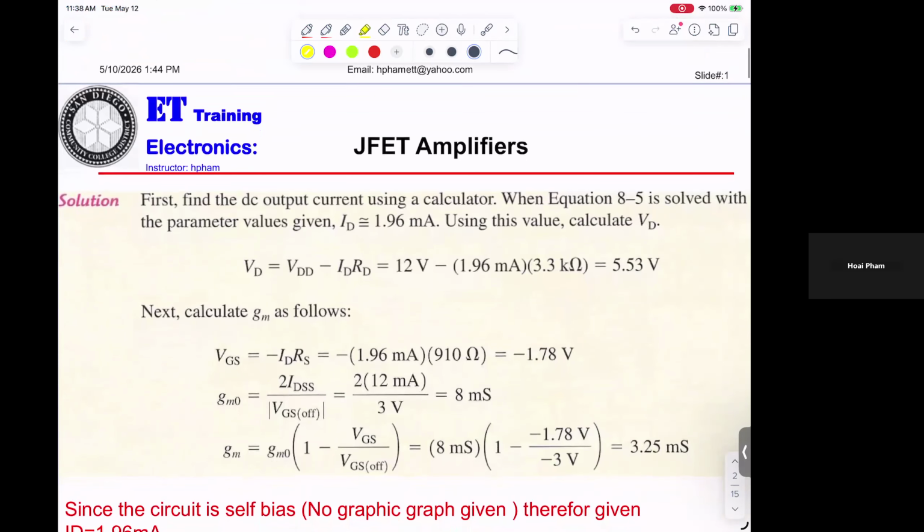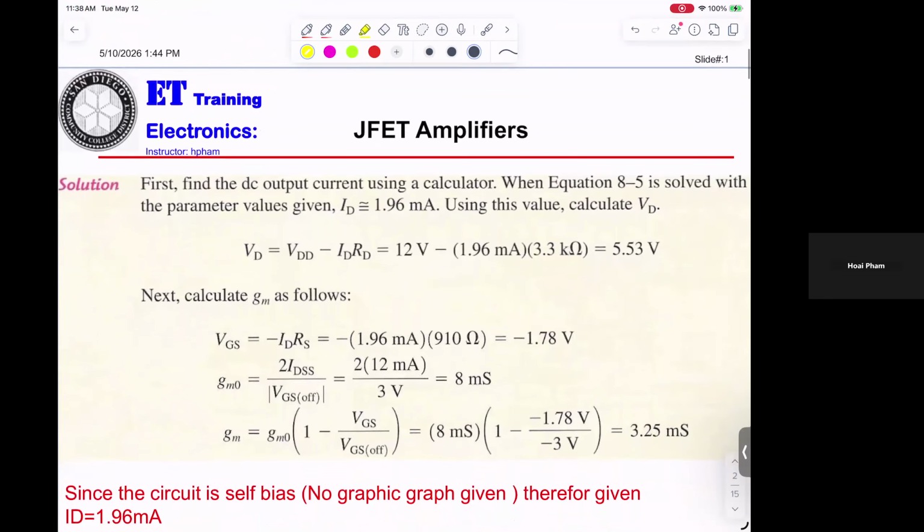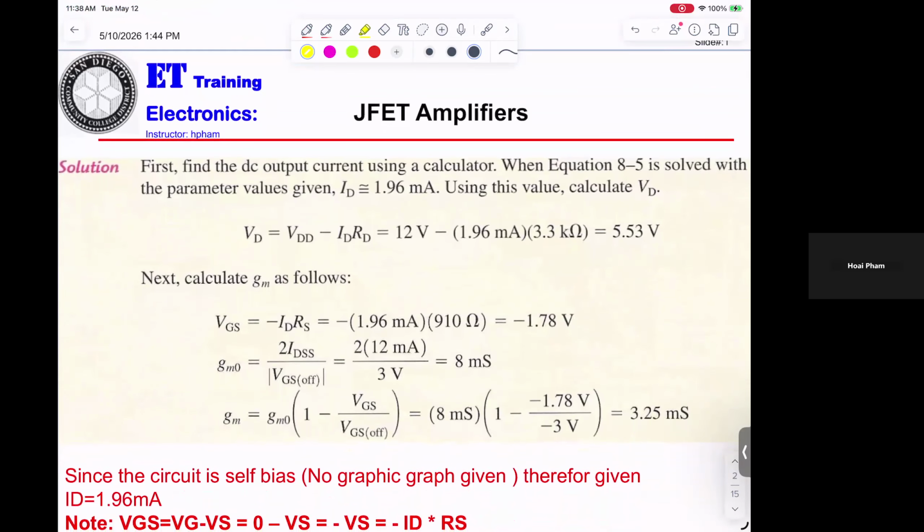Okay, now this is the modified. Okay, so VGS equal minus ID times RS, that equal minus 1.78 volt.